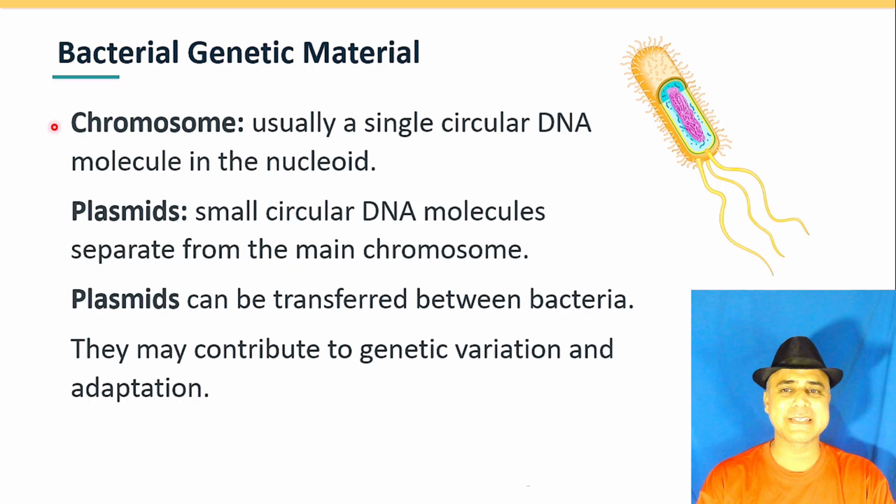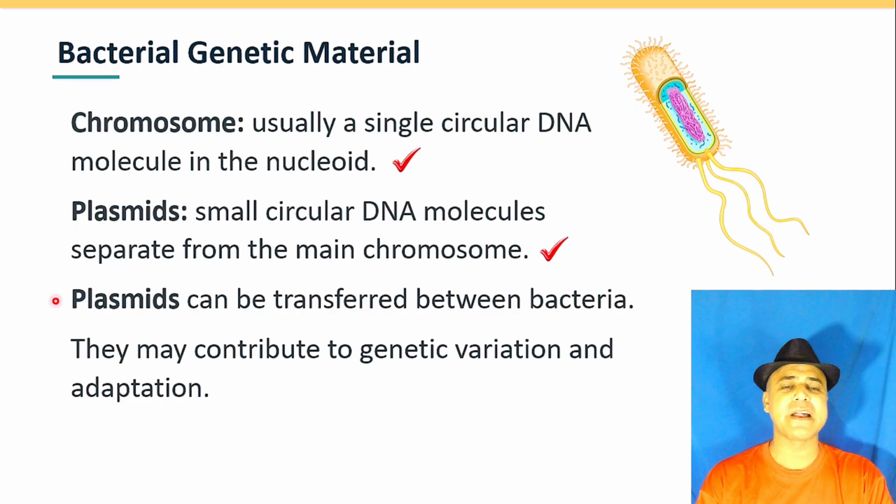Now we will discuss bacterial genetic material. Chromosome: usually a single circular DNA molecule in the nucleoid. Plasmid: these are smaller circular DNA molecules separate from the main chromosome.